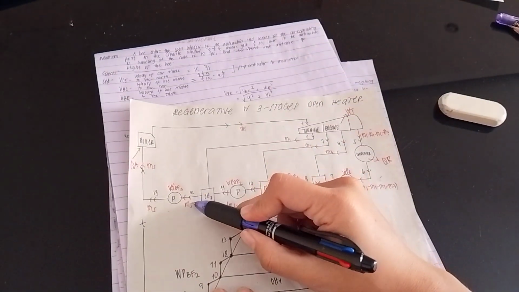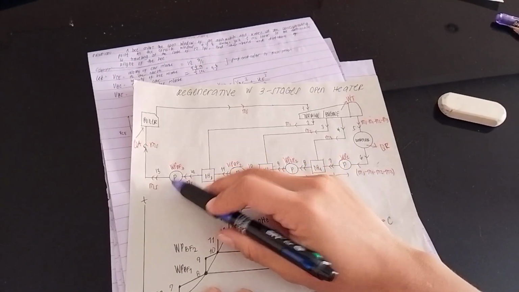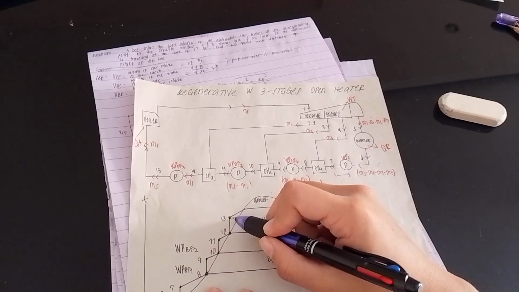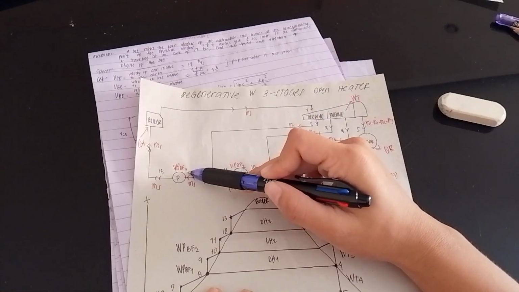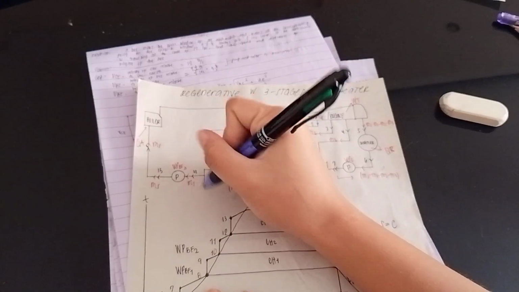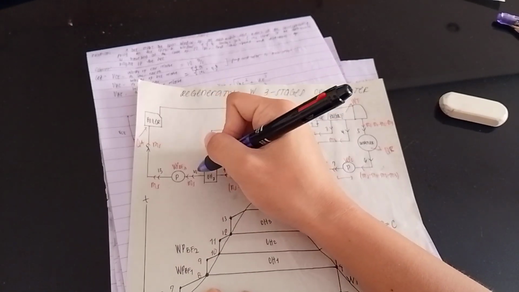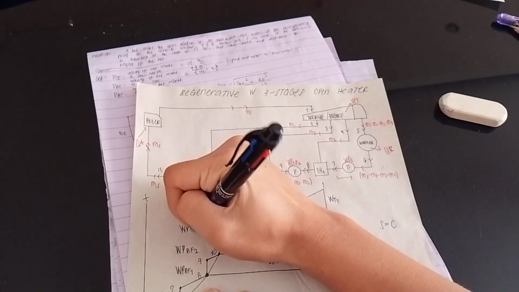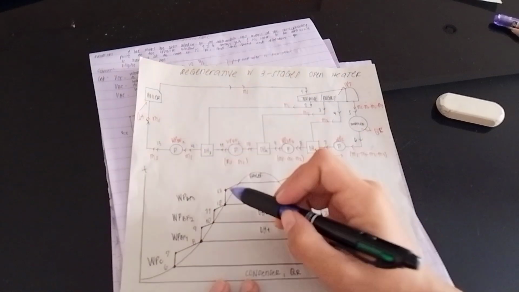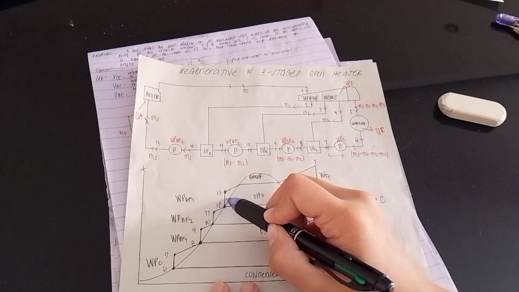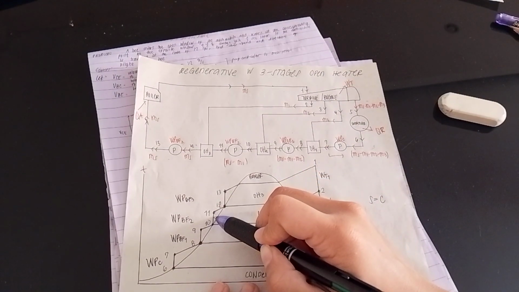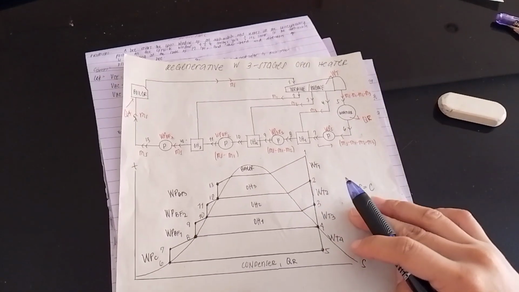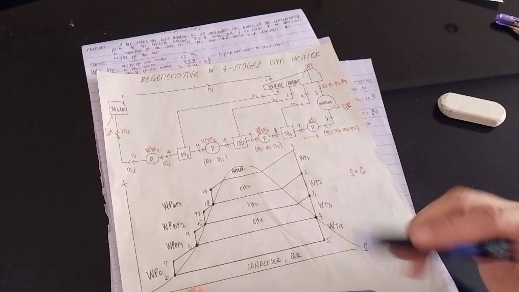For our last pump, 12 and 13, we can see in our TS diagram that in between 13 and 12 we have WPBF3. So these are WPBF3, WPBF2, WPBF1, and our WPC. I think that is everything.